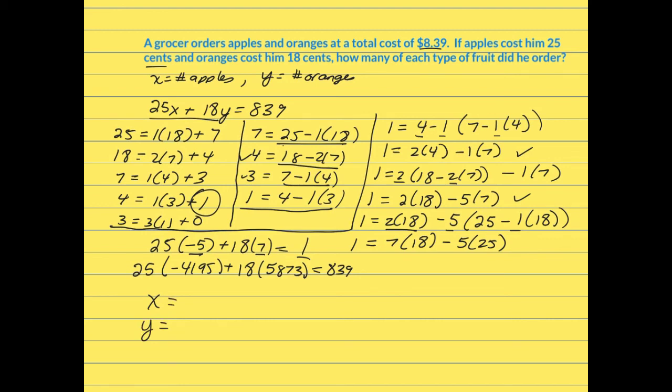X equaling the x naught, negative 4195, plus v, which is 18, over d, which is 1, times n. And y is y naught, 5873, plus a, which is our 25, divided by the greatest common divisor of 1, so 25n. Okay, so again, that's the form of the general solution, and we want to figure out the values for n that make both x and y positive at the same time.